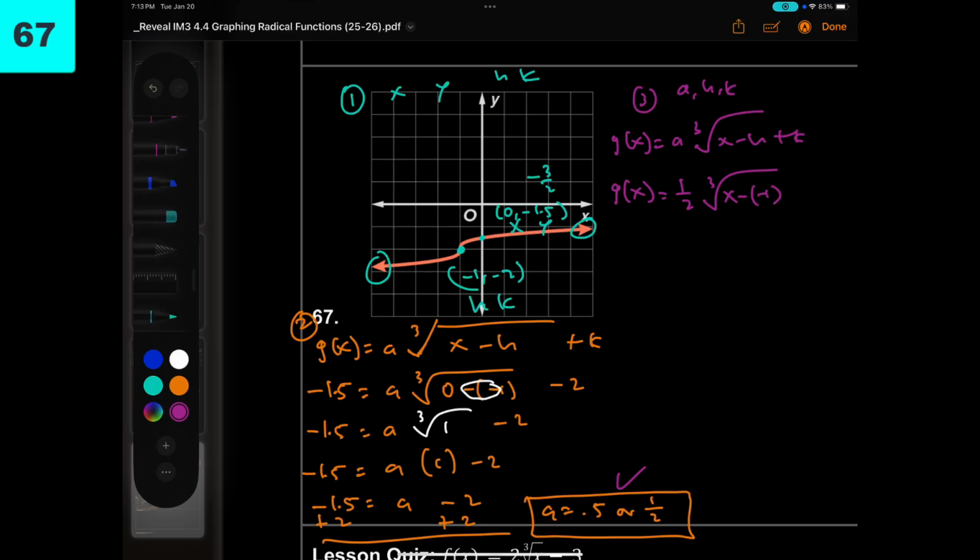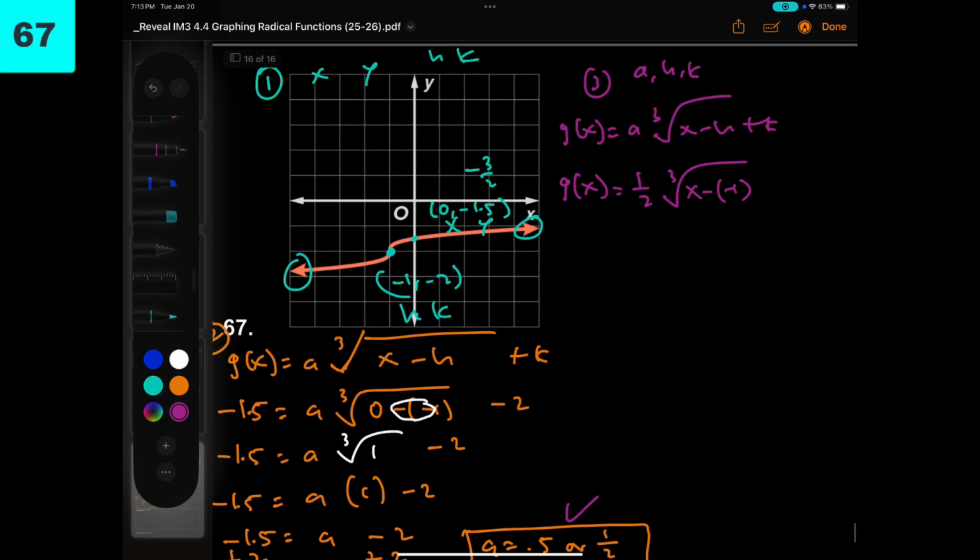You use the parentheses for the negatives, to show, remember in the formula, it has this minus sign. And then my k value is -2. So that would just give us 1/2 cube root of x plus 1, minus 2. And this is our answer.